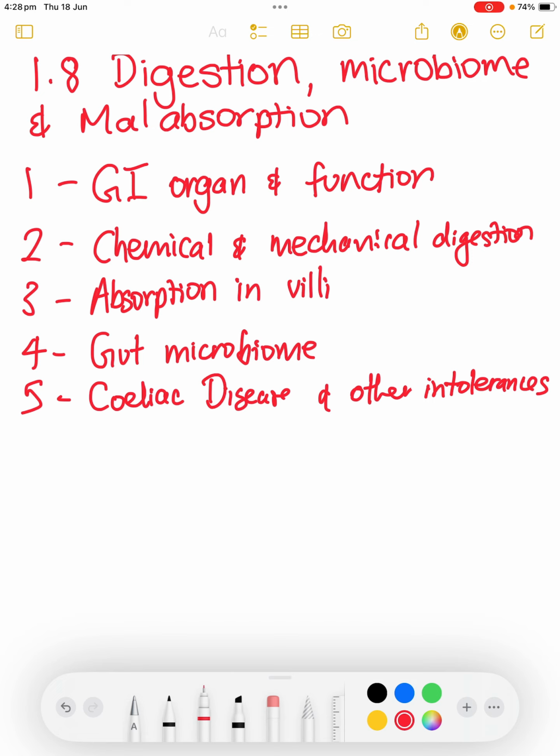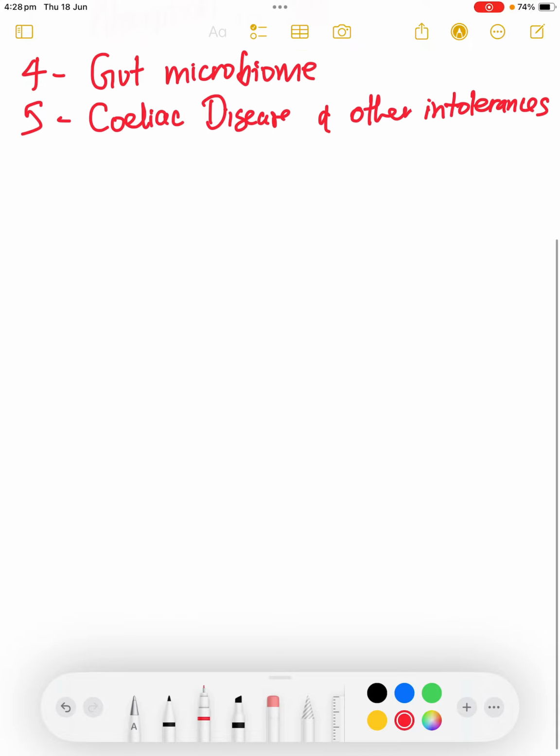You also need to be able to explain what chemical digestion is, explain what mechanical digestion is, describe what happens in the absorption in the villi as well, describe the gut microbiome and how that synthesizes vitamin K and short-chain fatty acids, and talk about the nature, causes and symptoms of health consequences from having celiac disease or lactose intolerance. Okay, and we'll just start off with part 1 and we'll go down.